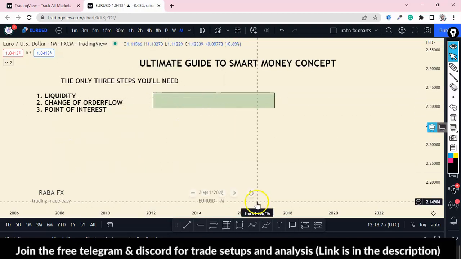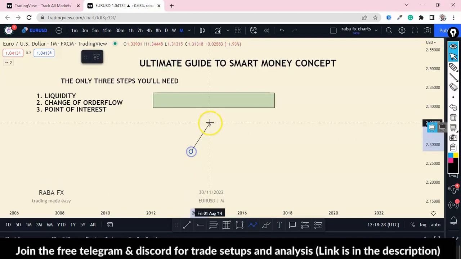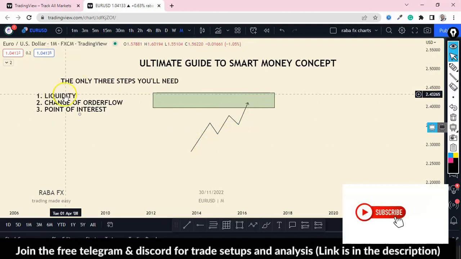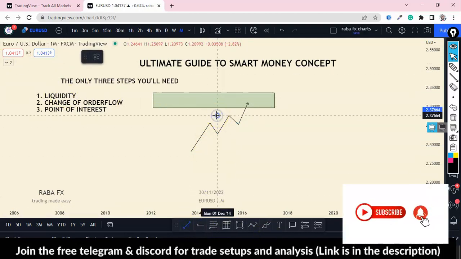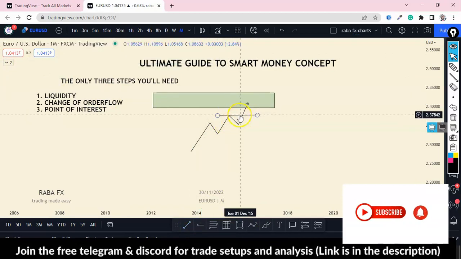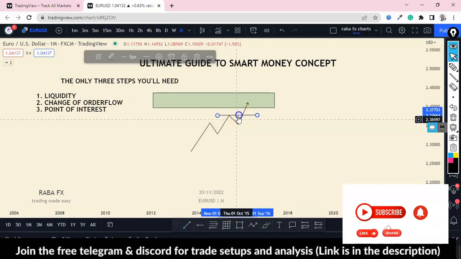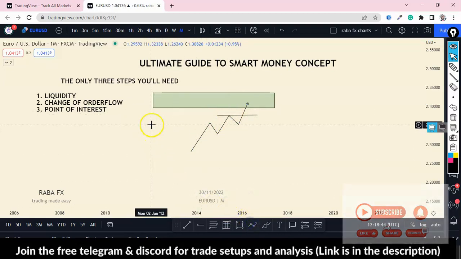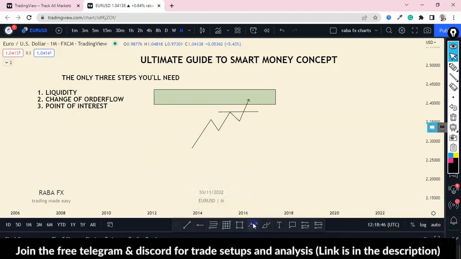Now, when price approaches this point of interest, you want to see liquidity being taken first, either close by, or we have some previously left equal highs up here that need to be run first.